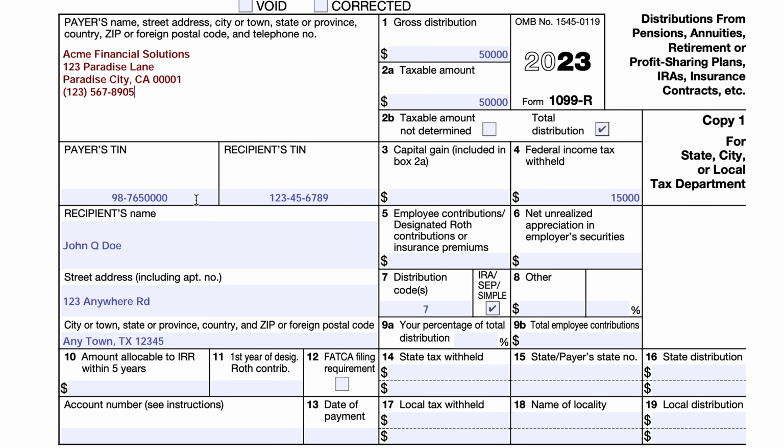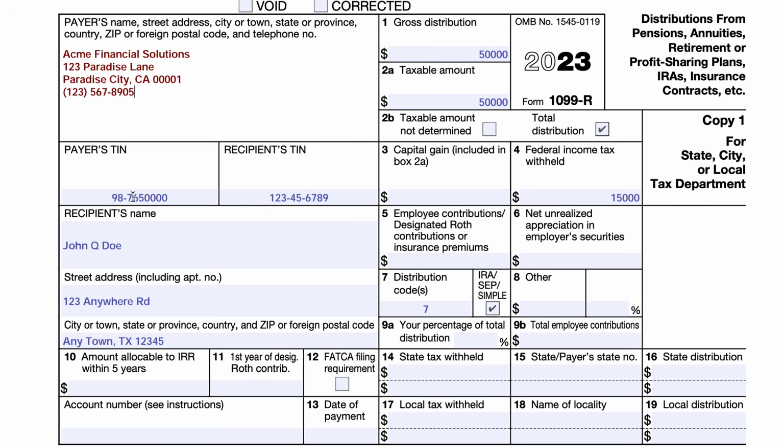We've got the taxpayer identification number for the payer, which in this case is the financial institution. It could be an employer. It could be a wide variety of different taxpayers that had an account or paid retirement pensions or insurance contract benefits to a taxpayer.